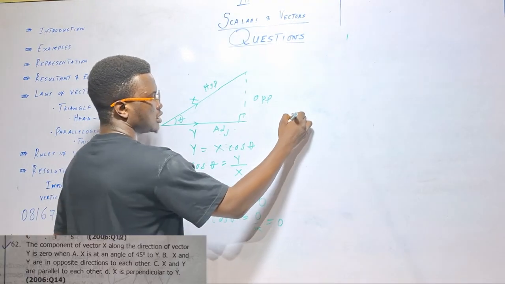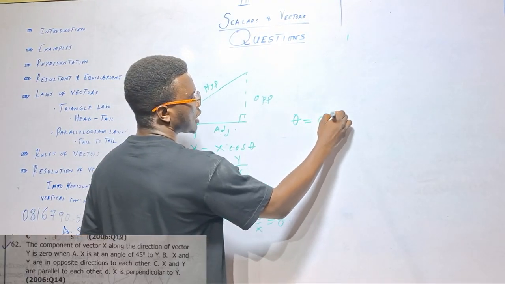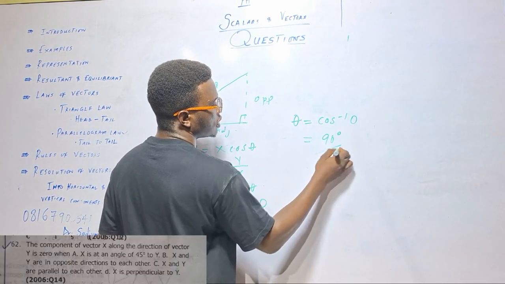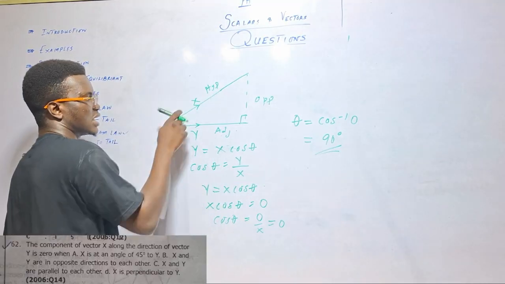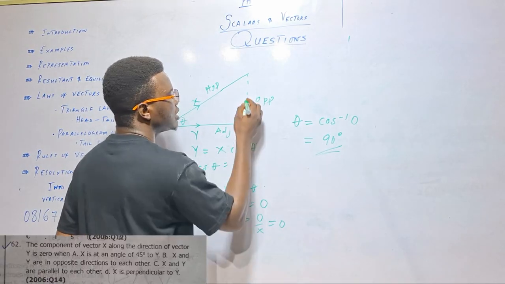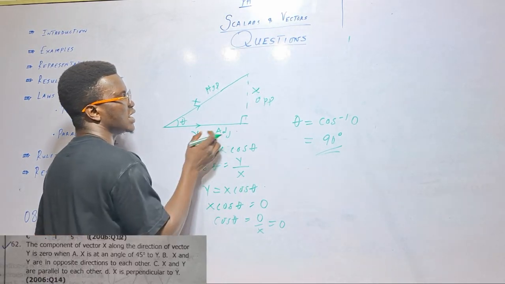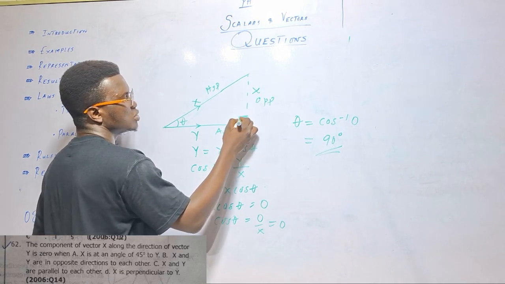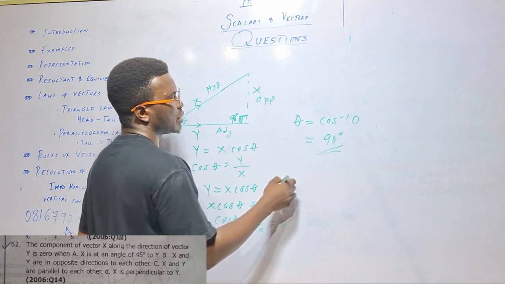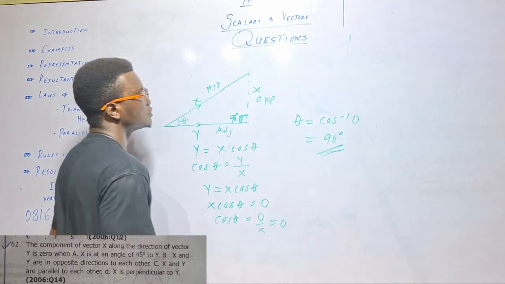So I can say theta is going to be arc cos 0, and arc cos 0 is 90 degrees. So the component of vector x along vector y is going to be 0 only when vector x and vector y are perpendicular to each other. That's the only time it will be 0, when both of them are perpendicular to each other.